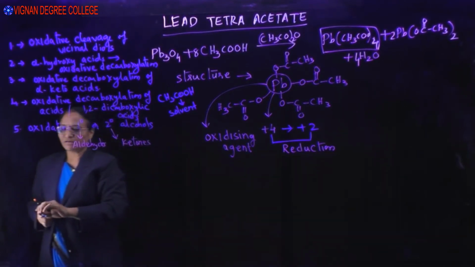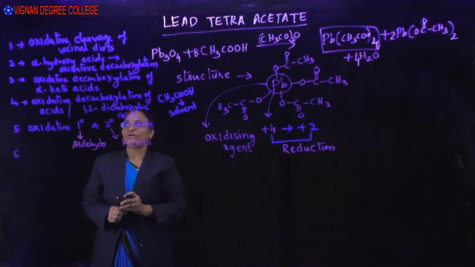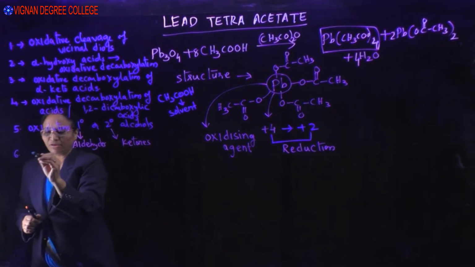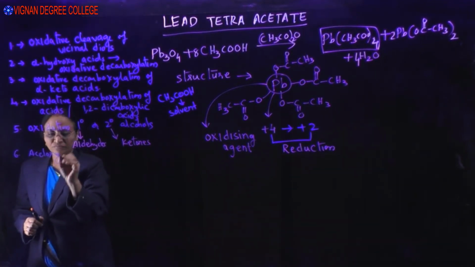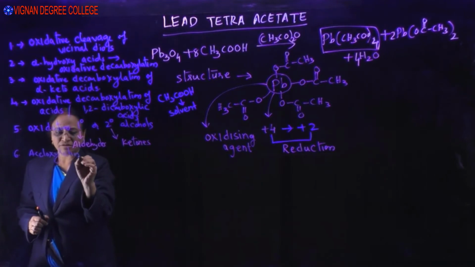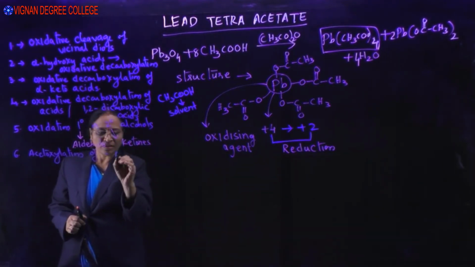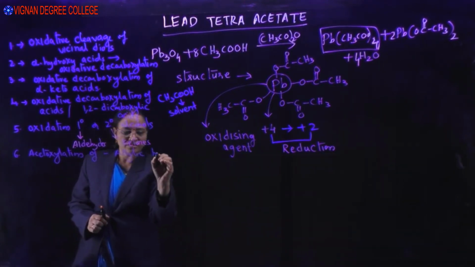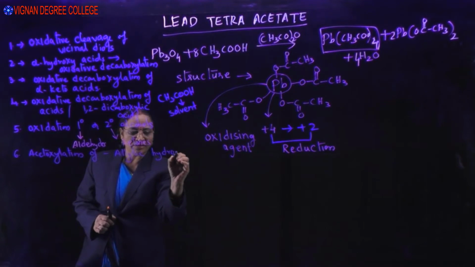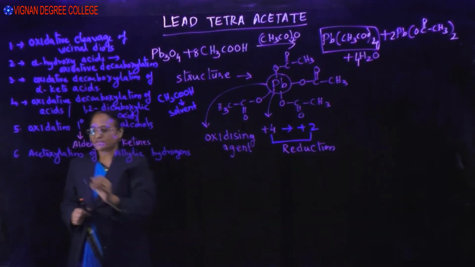The next oxidation that can be done using lead tetraacetate is the acetoxylation of allylic hydrogens, where the allylic hydrogens can be replaced by acetoxyl group.